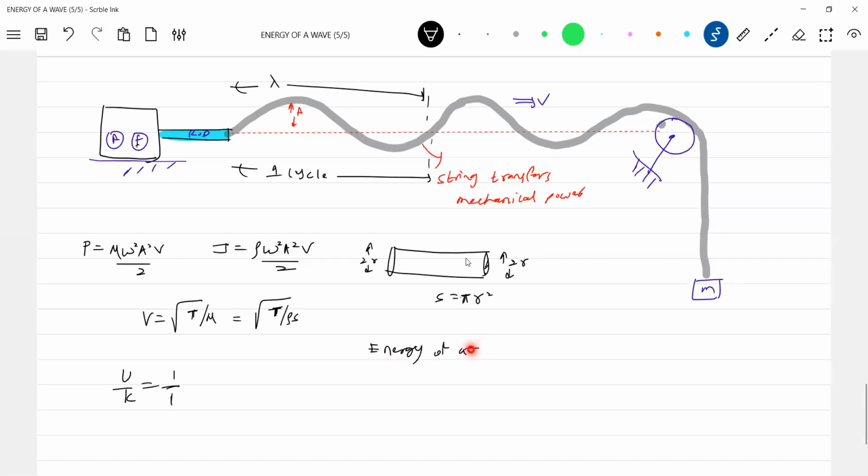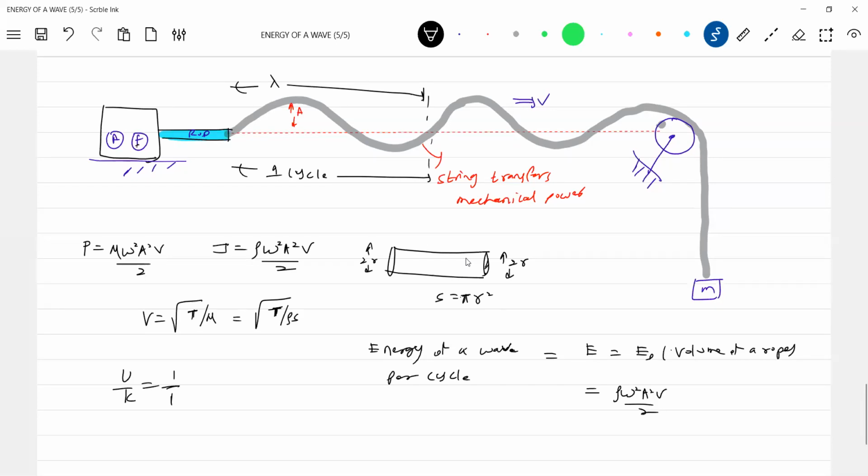So what is the energy now? Energy of a wave per cycle. So what shall I define? Energy density into volume of the rope. Energy density formula we know, rho omega square a square by 2.